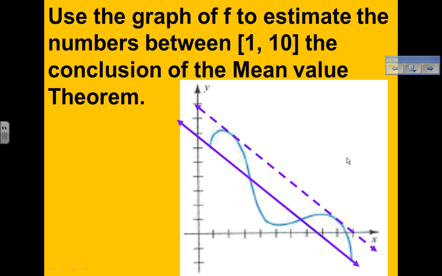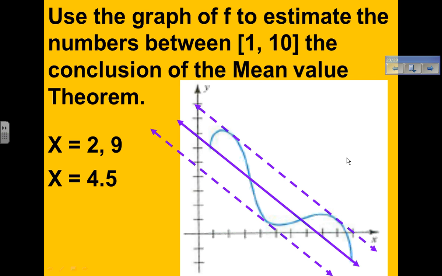You just slide your ruler up, you slide your ruler down to find out where it's going to happen. So a solid line is where my ruler started. I slid it up so it became the dotted line to see where it touched. It touches in two places, it looks like to me, 2 and 9. Now I'm going to slide the ruler down. It looks like it touches there around, I don't know, 4.5.